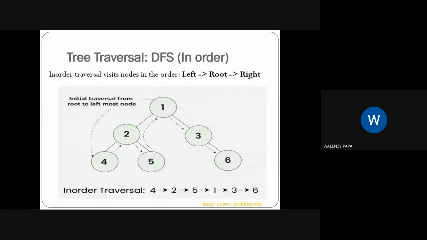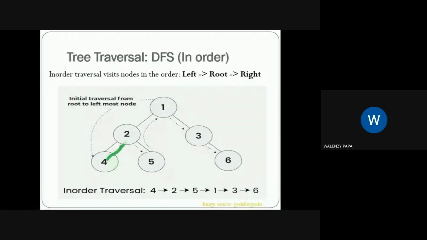So for this one, it's left, then you go to the root, then right. Then there's no left again. From 2, it is left, that is 4. Then root.